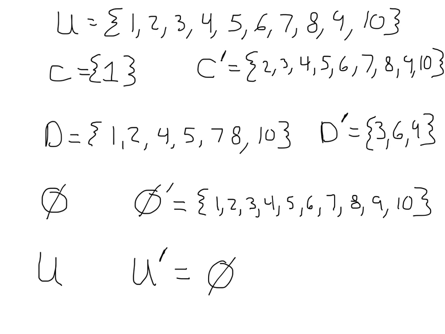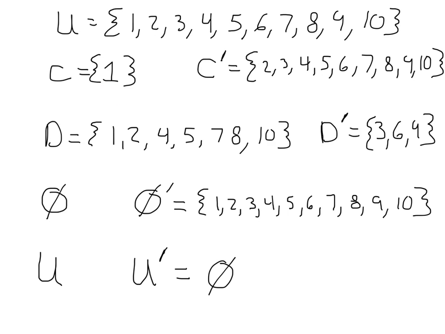Now notice something, it's going to work like this always: if I take the complement of a complement, say the complement of D prime, if I ask what's the complement of 3, 6, 9, well, it would be the original set, 1, 2, 4, 5, 7, 8, and 10. If I ask what's the complement of 2, 3, 4, 5, 6, 7, 8, 9, and 10, that would be 1.